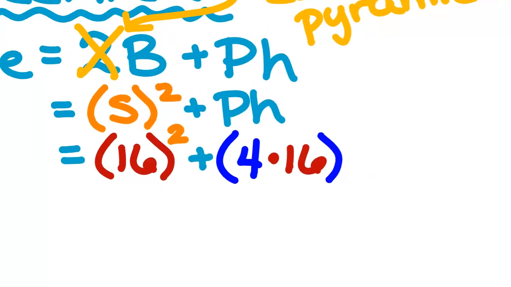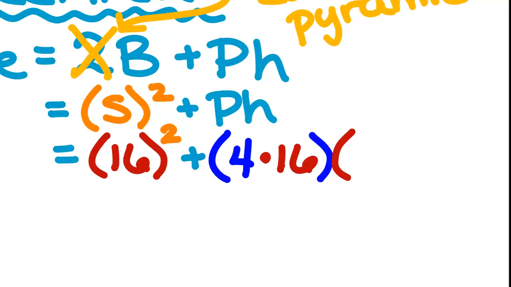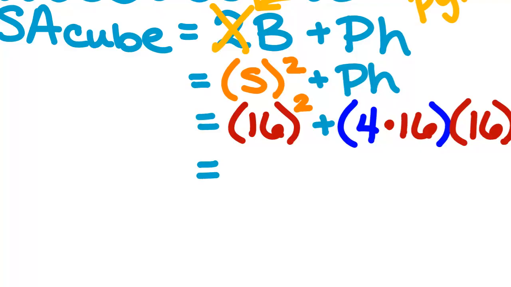What's the height of the cube? 16. All right, so once again, let's do this all together on our calculator because I don't have enough room to write down the 2 separate pieces. We're going to do 16 squared plus 4 times 16 times 16. 1,280.